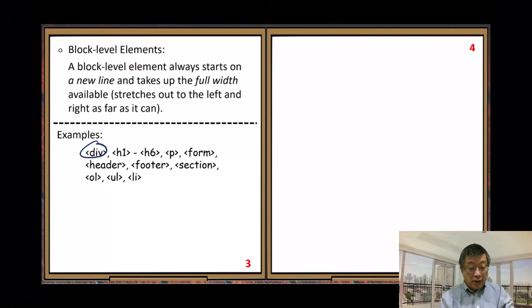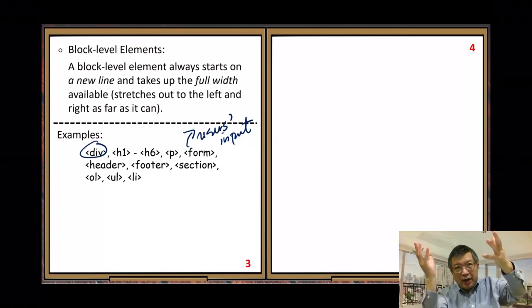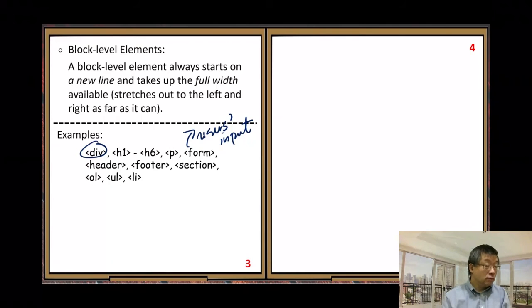The HTML form element is another block element. Typically we use the form element to collect users' input data, like first name, last name, and a lot of other information, then submit the data to the server.